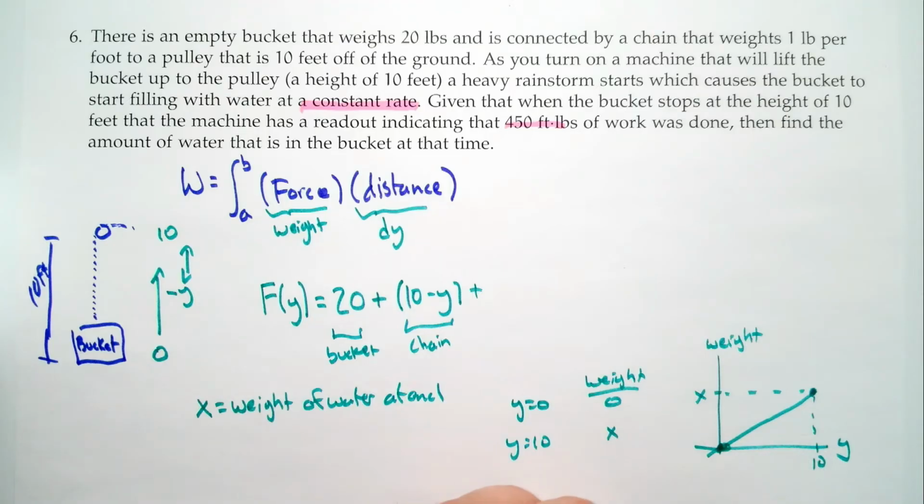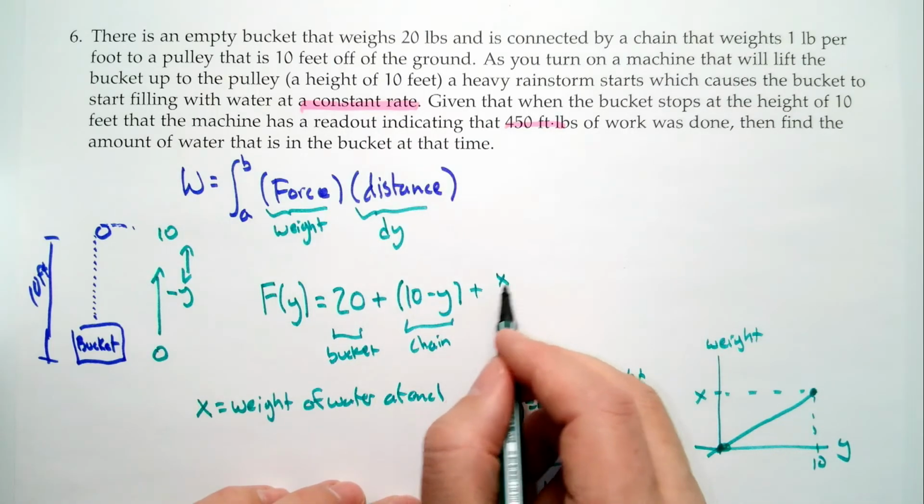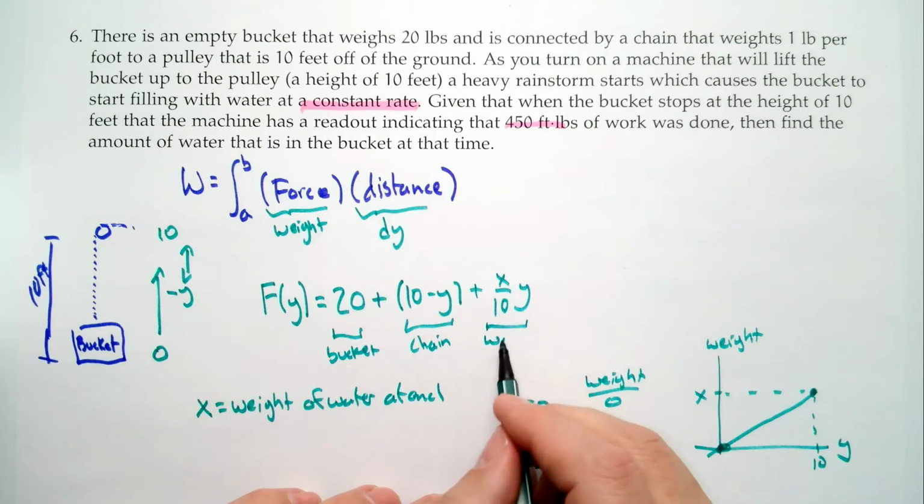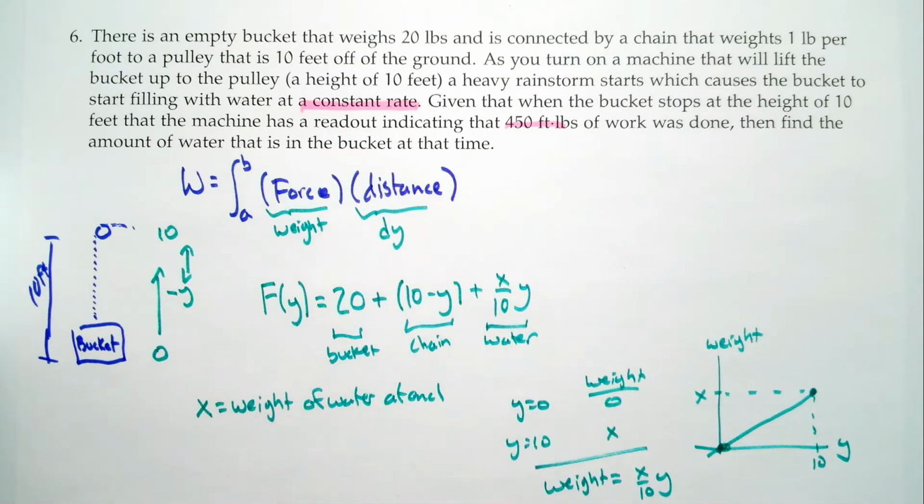The y-intercept is 0. So that says that the weight is going to be the slope times y. X over 10 times y. So, plus x over 10 y. So that's the water. All right. So that's our force at any given time.